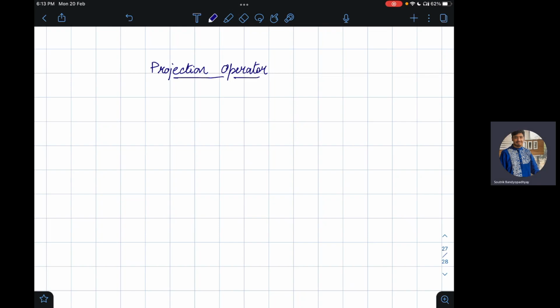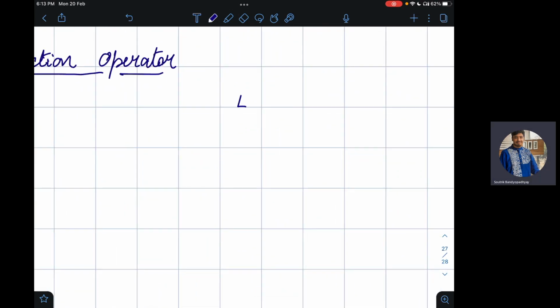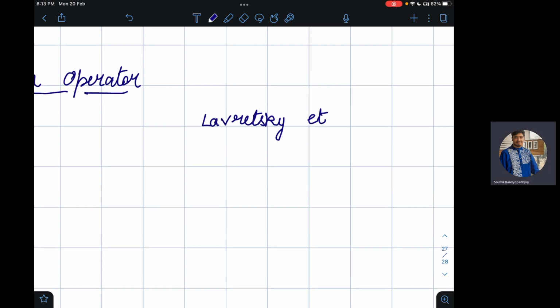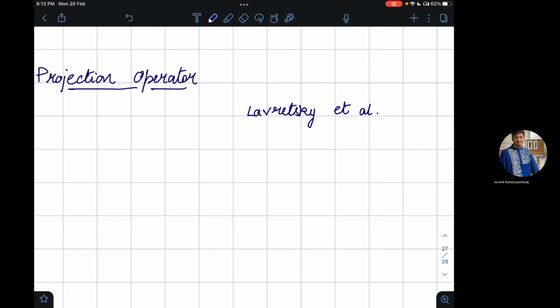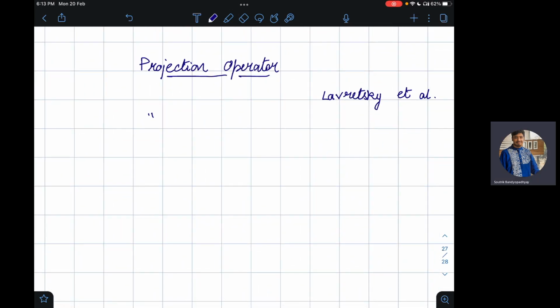Now, the material I would be taking up in this live discussion can be found from this seminal paper by Lavretsky et al. So this is the paper by Lavretsky, which is titled Projection Operator in Adaptive Systems.